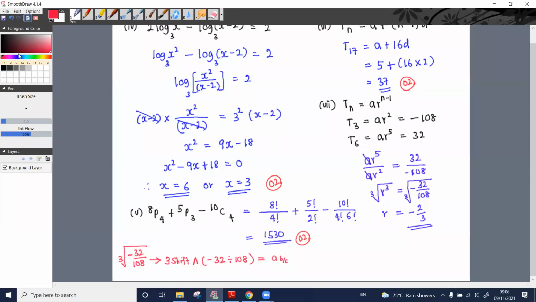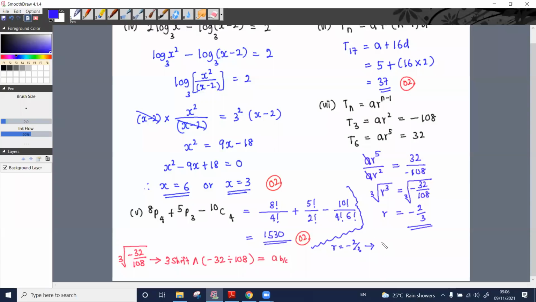And here we need to get the value of a as well. So minus, here. R equals minus 2 over 3. I will substitute into one of these two equations. I will substitute it into equation number 3, sorry, the third term equation.